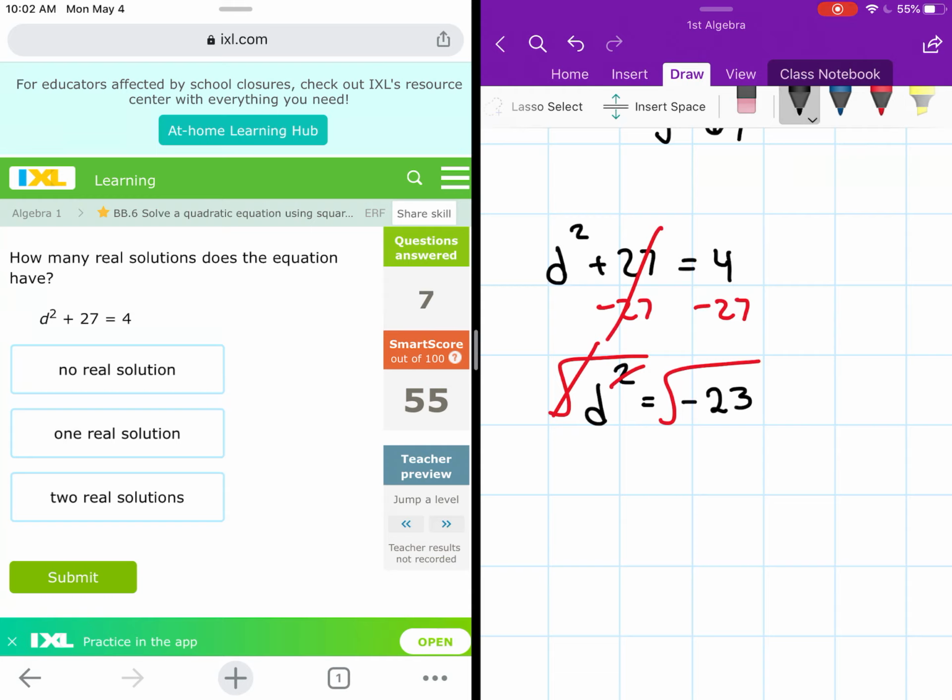And look at this, what I just told you right now. So you're going to end up having d equals the square root of negative 23. You can take the square root of a negative, but that is not going to give you a real solution. That will give you an imaginary solution. So for this one, simply put, because of that negative inside, no real solution, and that's it. You just stop there.